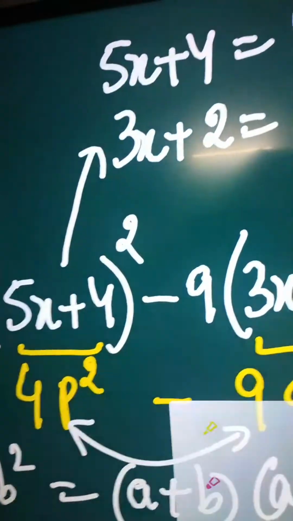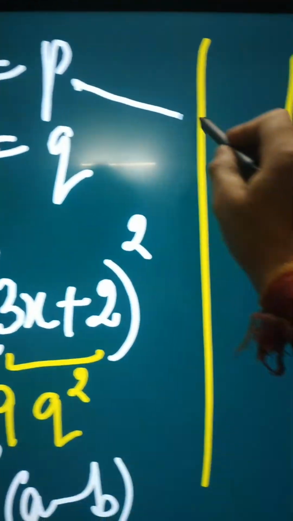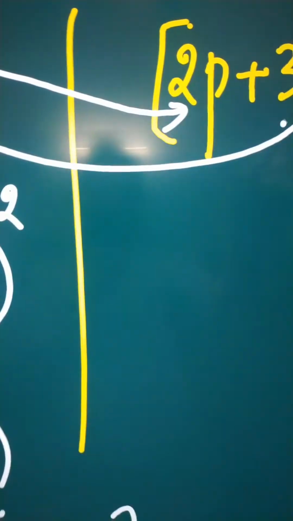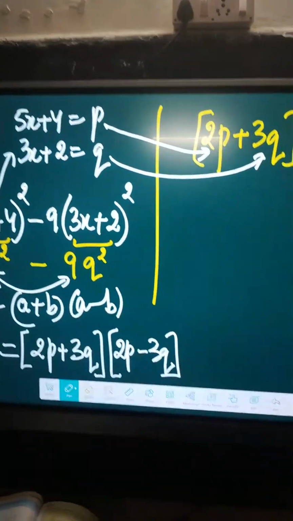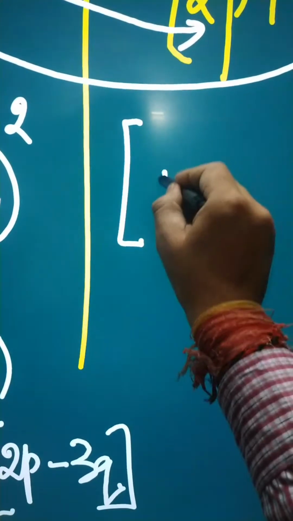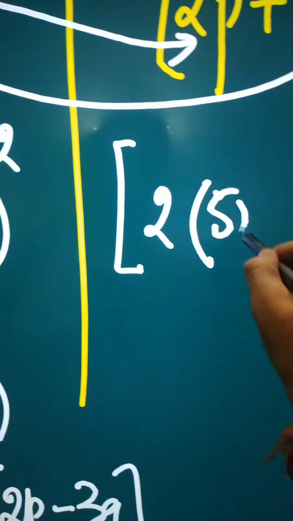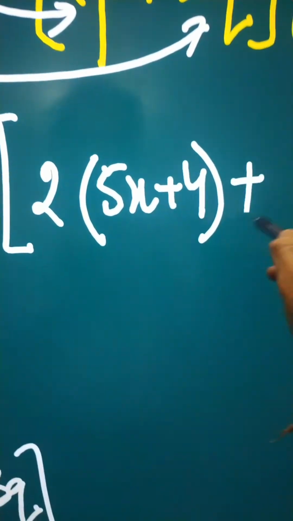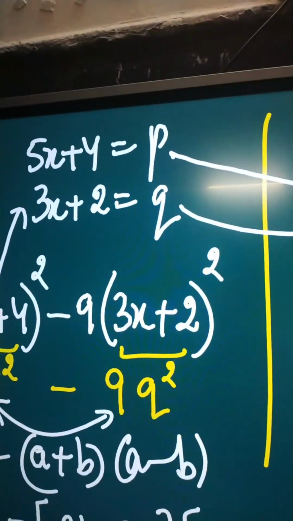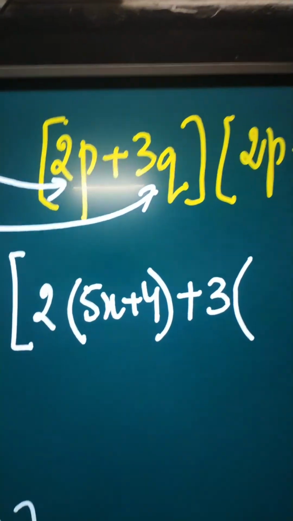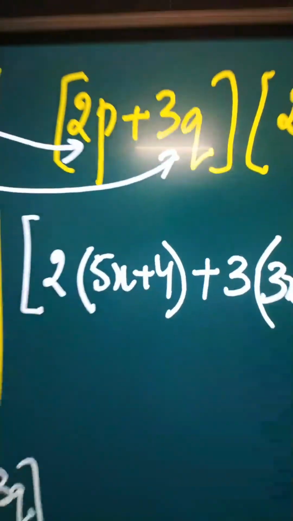I have to put the value of p here, and this q also I will put here, because I have supposed p is equal to 5x plus 4. So 2p means this: 5x plus 4 plus 3. This is slightly complicated. In place of q, write down 3x plus 2. This is the first bracket.